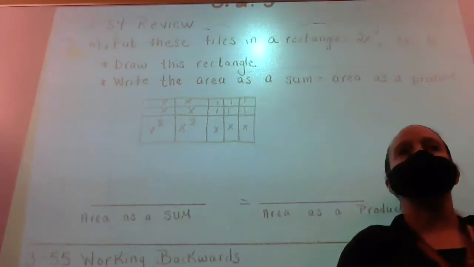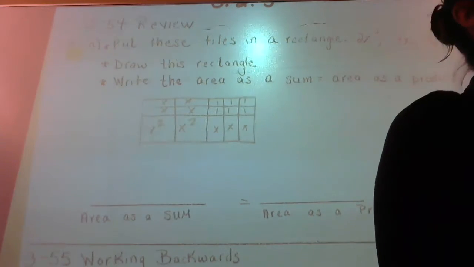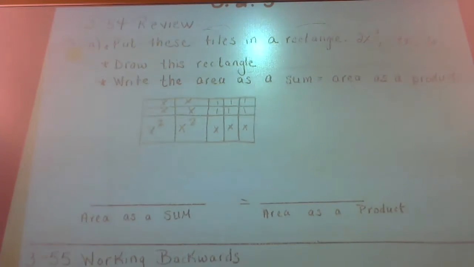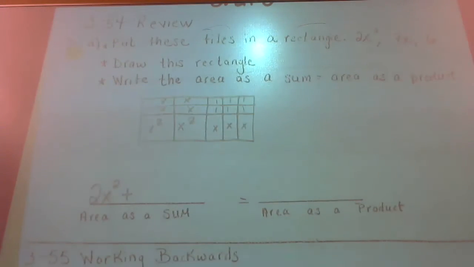Let's start with our purple pieces. We know that the area of the purple piece is x squared. How many purple pieces do we have? 2. So I'm going to write 2x squared. Now here's the sum part. Plus, how many orange tiles do I have? 7.